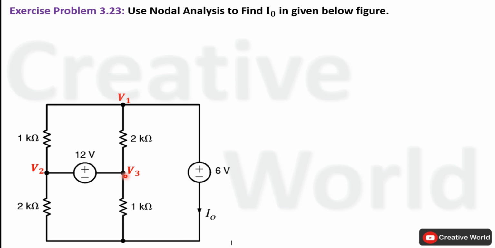And we know that if a voltage source is connected between 2 non-reference nodes, we cannot solve that problem using the simple nodal analysis technique. We have to switch towards supernode analysis. In that technique, we form a supernode at the place where a voltage source is connected between 2 non-reference nodes.